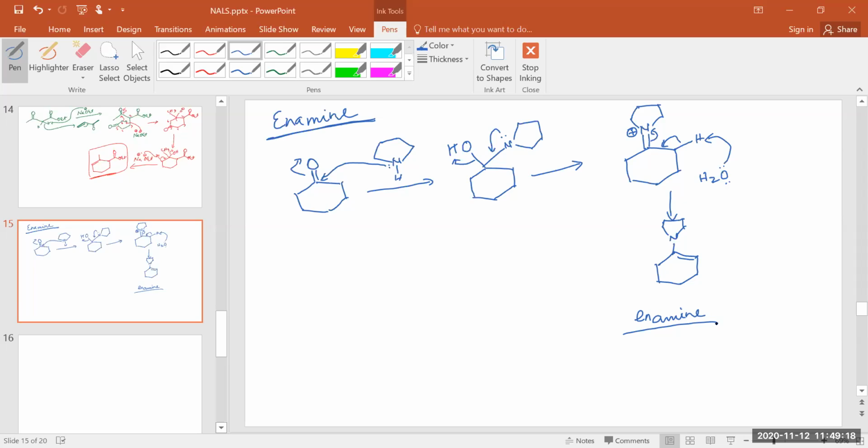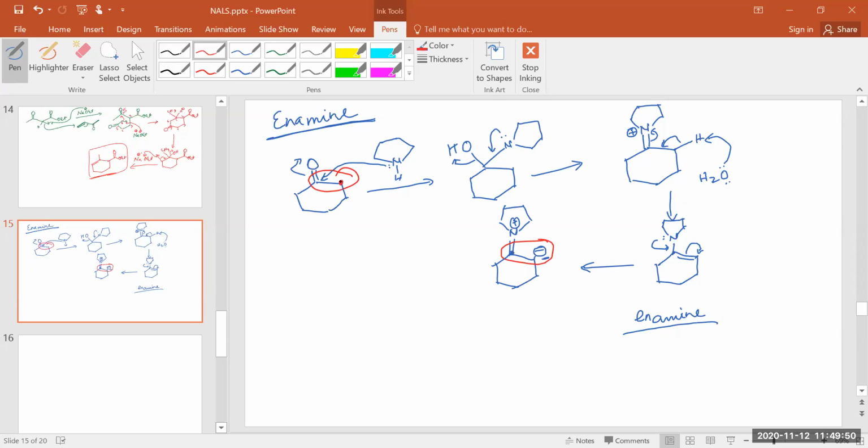If you see the resonance structure of this one, it is like this. Enamine resonance structure, positive charge and negative charge. Compare this one with here to here.